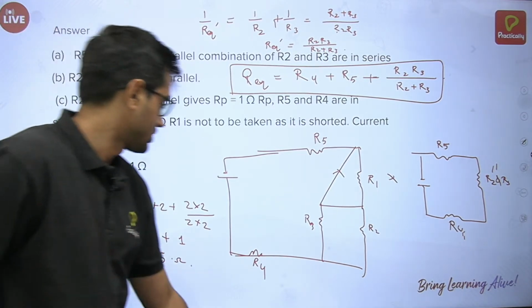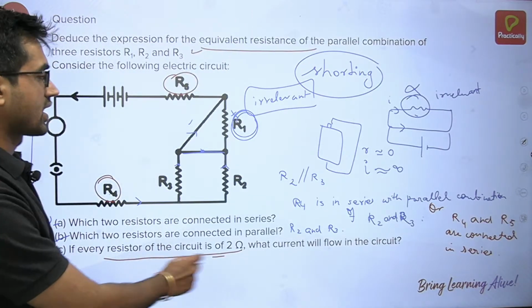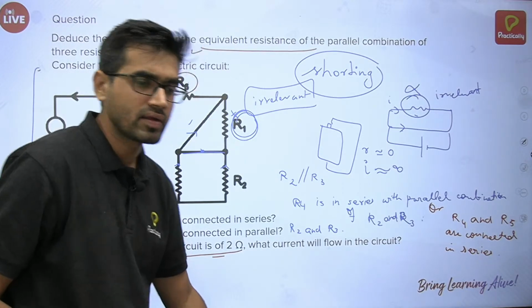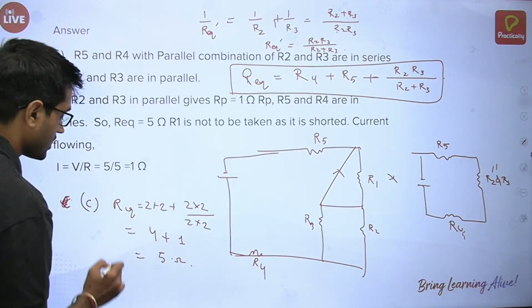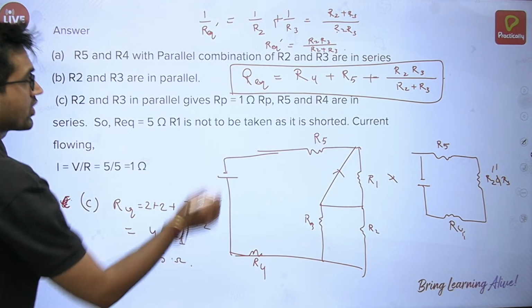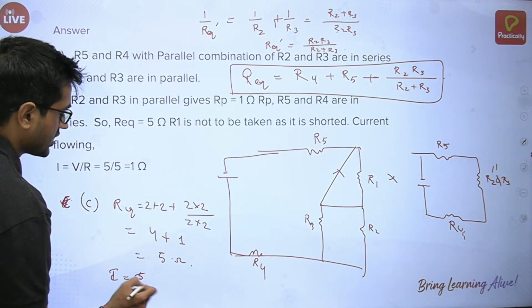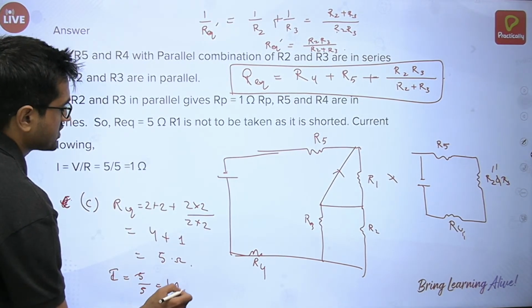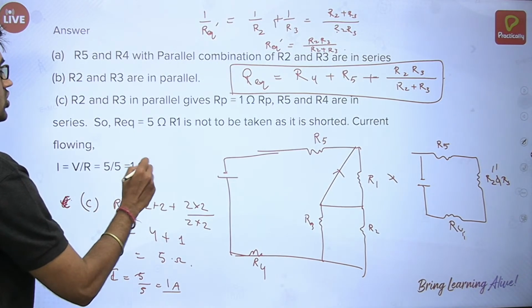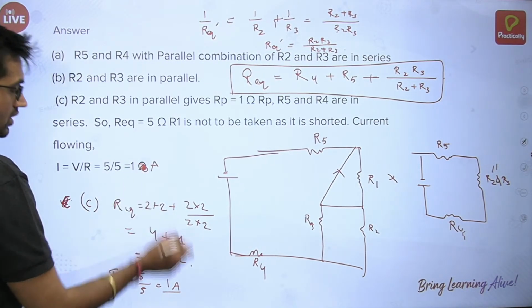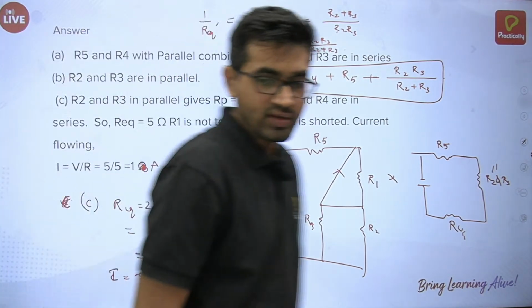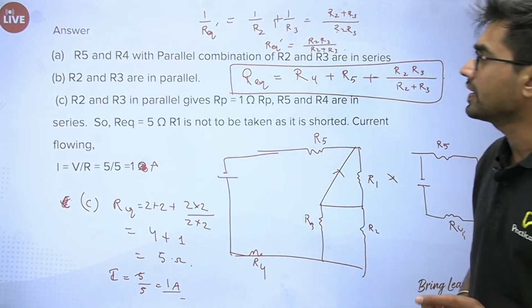So what is the current? The current is V by R. So the current is the potential difference, 5 volt, divided by 5, which is 1 ampere, which is what is written. Oh, this is not ohm, this is ampere. So this is 1 ampere. Fine. I hope this is clear.